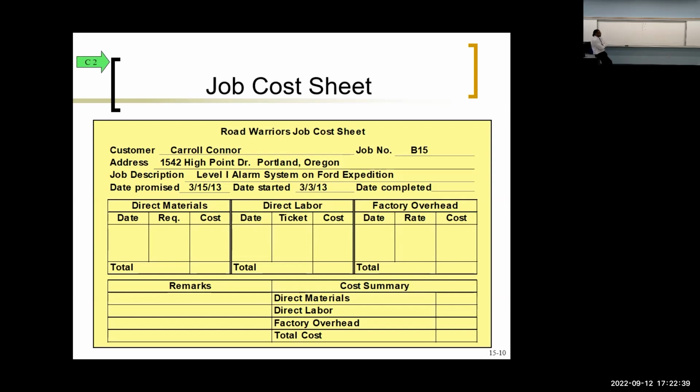This wouldn't be something you would see, but I'm going to show you manually how this is done. So say for instance, we have a customer, Carol Connor, that wants a level 1 alarm system for her Ford Expedition. So the first thing is we find out, well, how much are the direct materials?